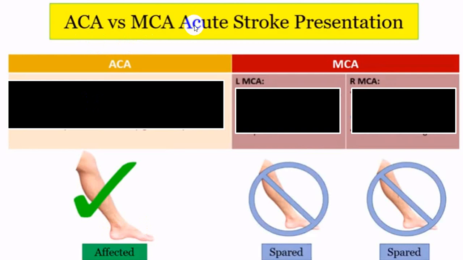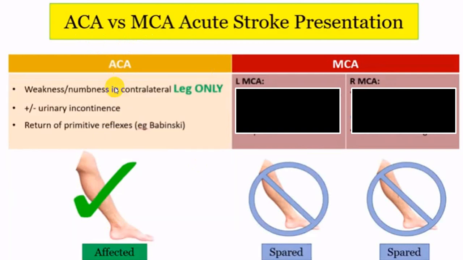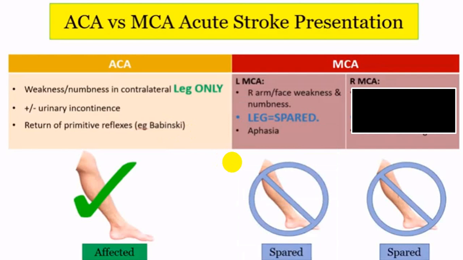ACA versus MCA acute stroke presentation. So ACA, lower limb will be involved, weakness and numbness, plus urinary incontinence may be very common, and return to primitive reflexes, that is Babinski sign, will be positive. While in an MCA territory, that is left side, right arm, face and numbness, leg spared, and you will have aphasia.